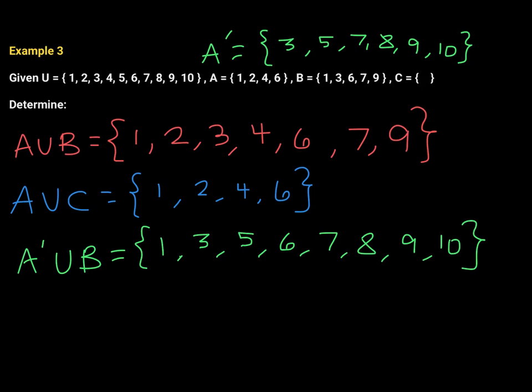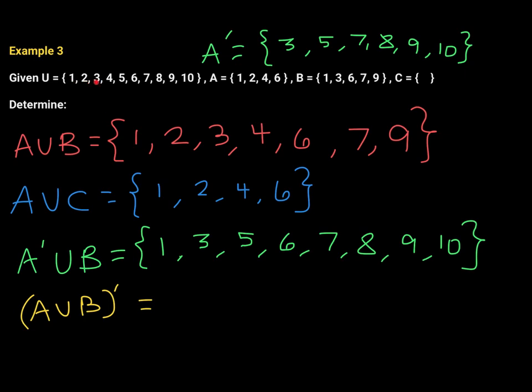All right, very good. The last set they want us to find is the complement of A union B. Now let's use what we already found. We already found A union B. It's up here in red. Therefore, the complement thereof will be any elements that are in the universal set that are not listed here.